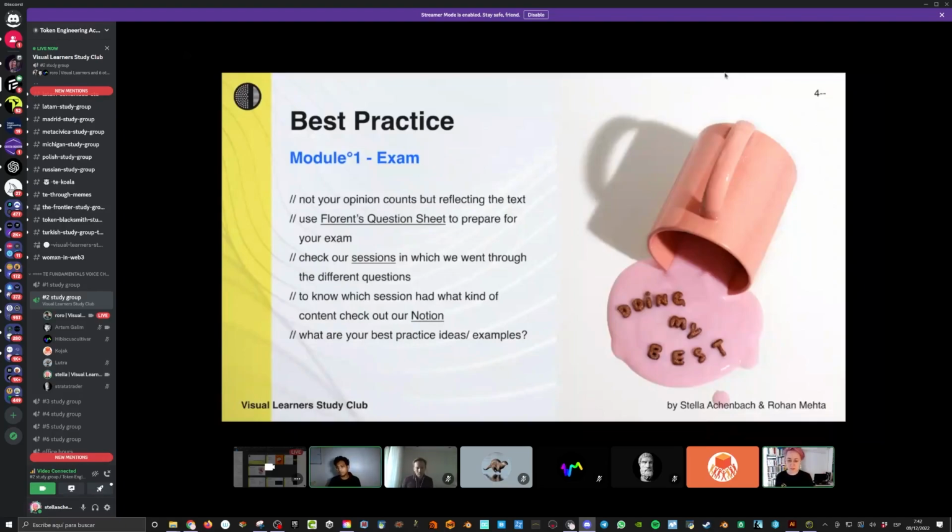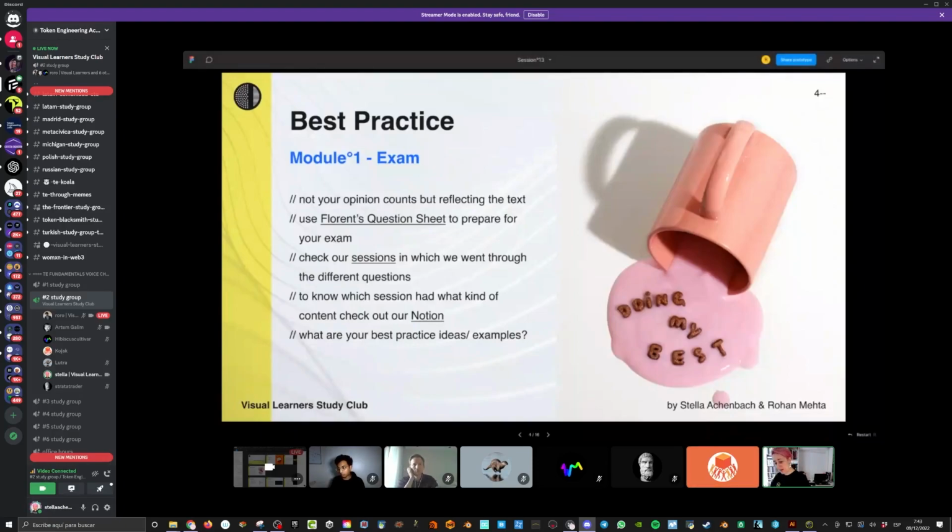It is about grasping what is the opinion of the authors of these different texts or articles or papers. So going through the questions not by answering like, oh, this is what I think about it, but rather like this is the interpretation that was given to me by the authors would probably help a lot in answering the exam questions.